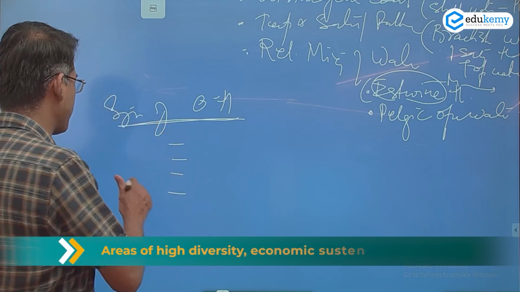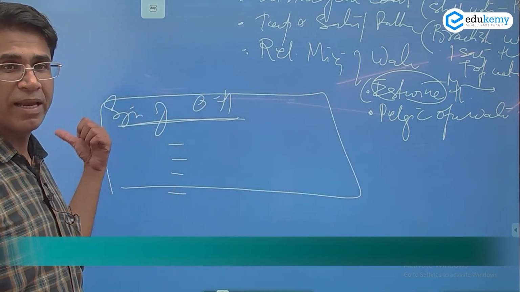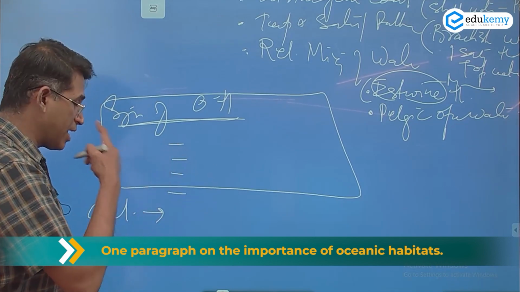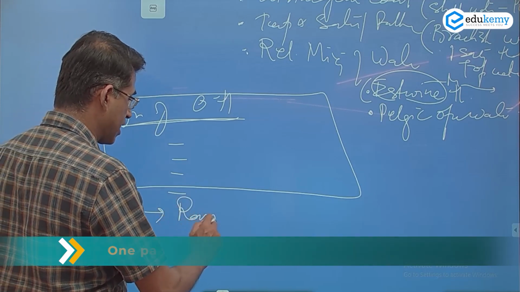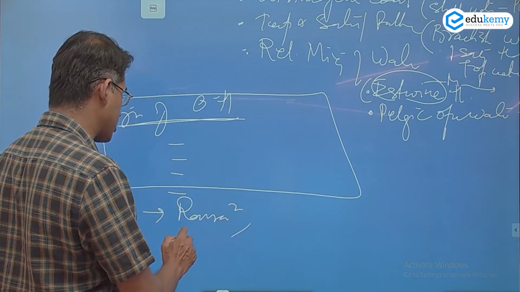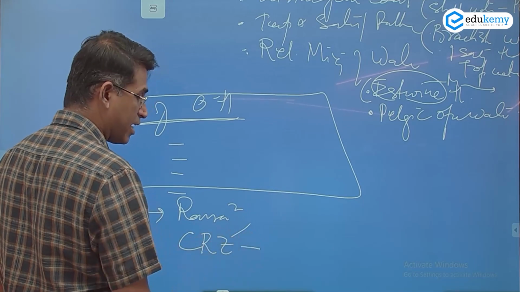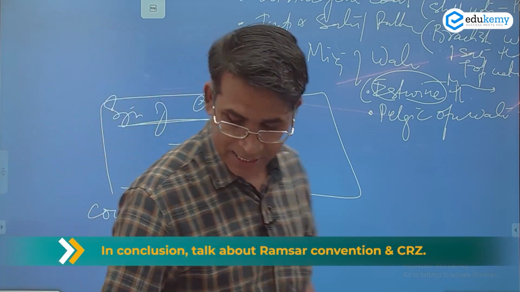So one paragraph on the importance, as I told you earlier. And in conclusion, you can move towards India and the world. Talk about some areas protected under the Ramsar Convention, some under CRZ, and what some of the points in this are. Now, what I'll suggest is this.